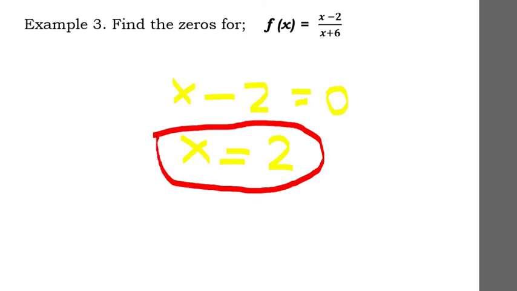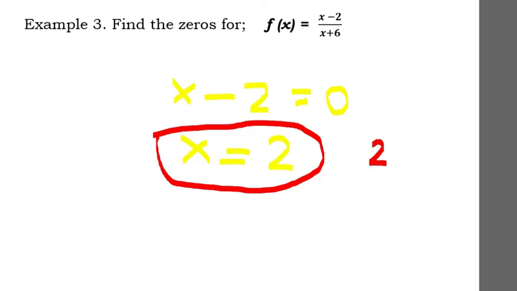So this is the zero of the rational function. So why is it the zero? Because as defined, the zeros of the rational function are the values of x that will make the function equal to 0. So if we're going to substitute the value of x to the function, let us check. We're going to substitute the value of x, which is 2, to the function.